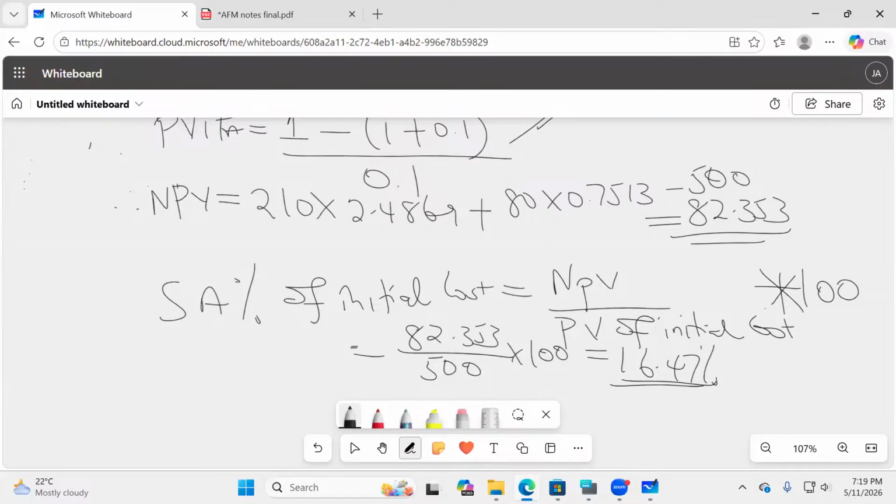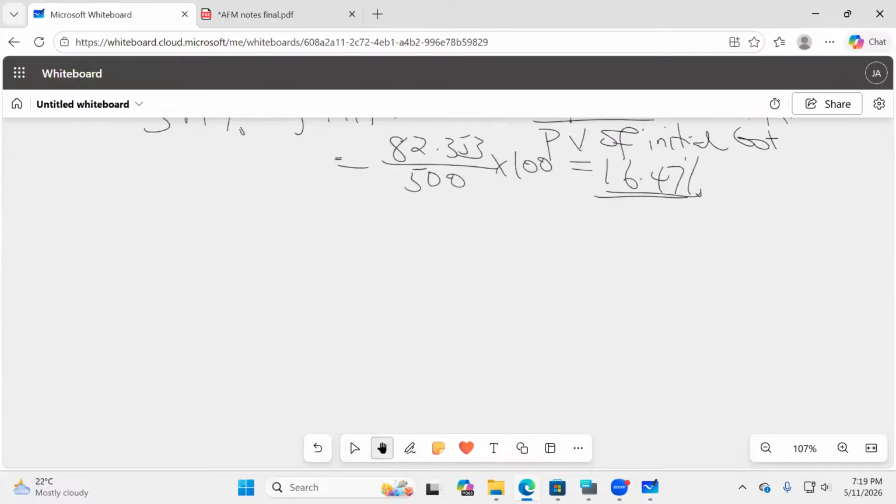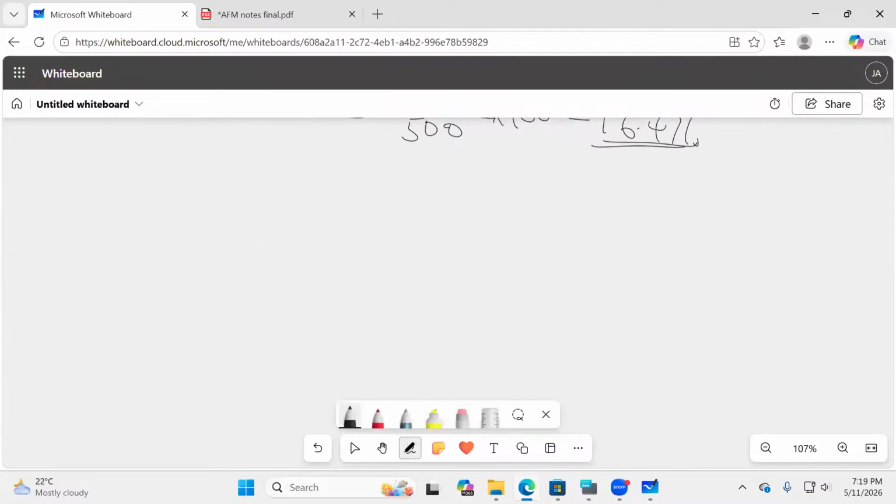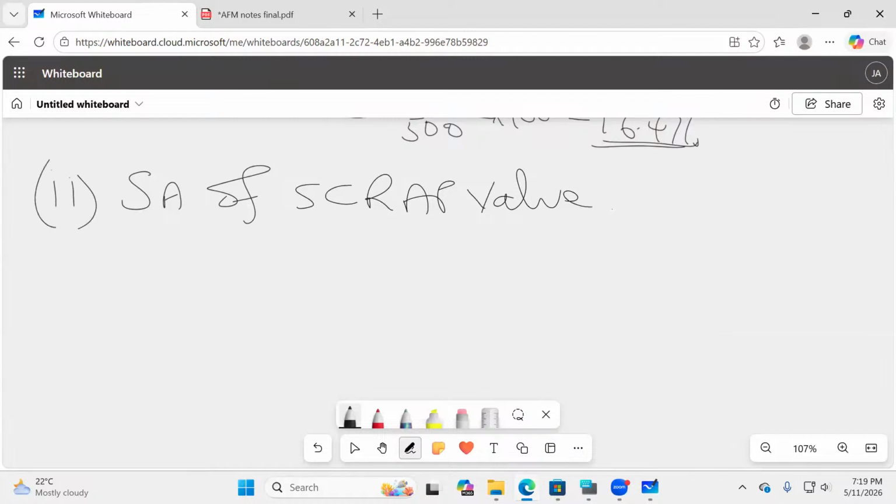Sensitivity analysis of scrap value. This is the second requirement.